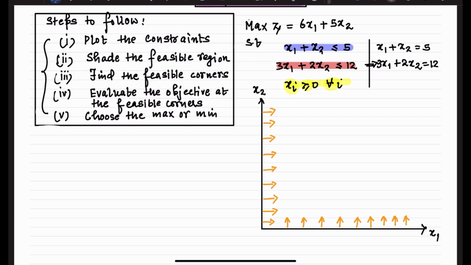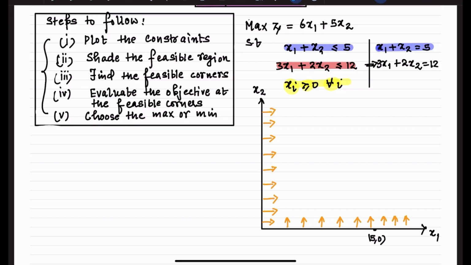Now let's say we plot the blue constraint. This is the constraint. So first plot it as a line. So how do you plot? If you want to plot this line, it's a straight line passing through 2 points. You need 2 points. So let's say you put x2 as 0. So what is x1? x1 is 5. So the point is 5 comma 0.